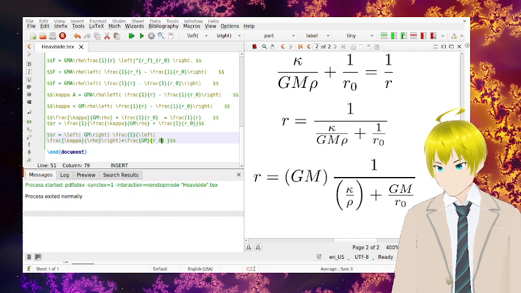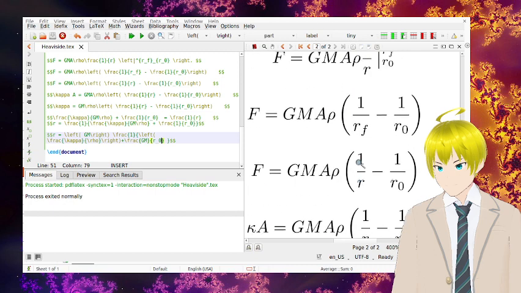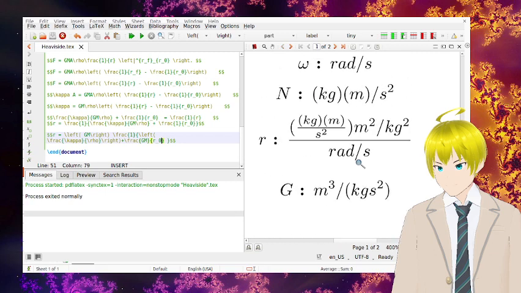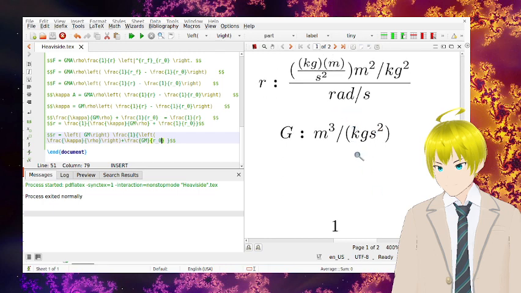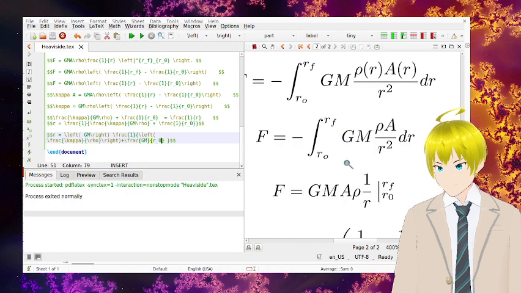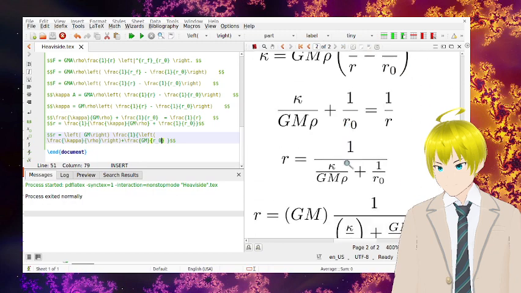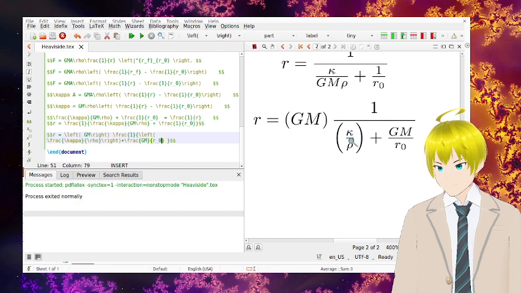GM. Let's look at GM. Let's scroll up to our dimensional analysis. G times M. So it's going to be meters cubed per second squared, because the kilograms cancel out. GM: meters cubed per second squared. And this is going to be newtons times meters.